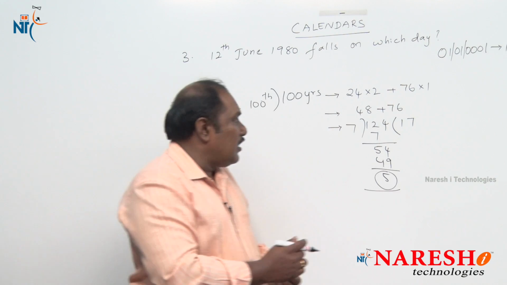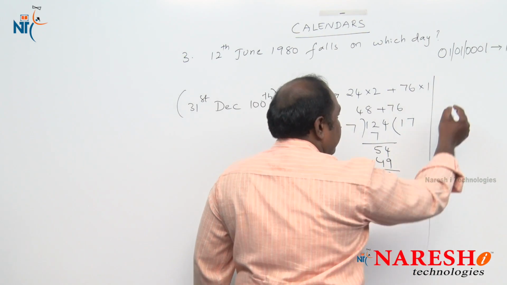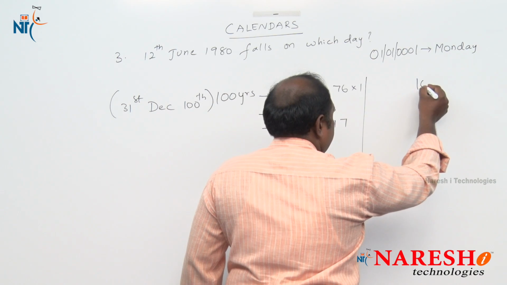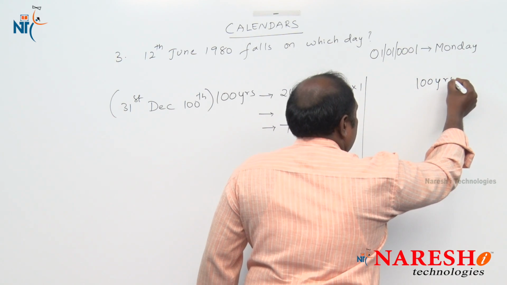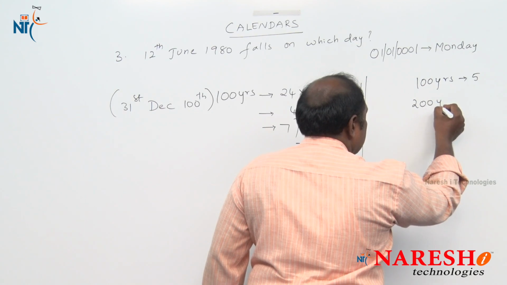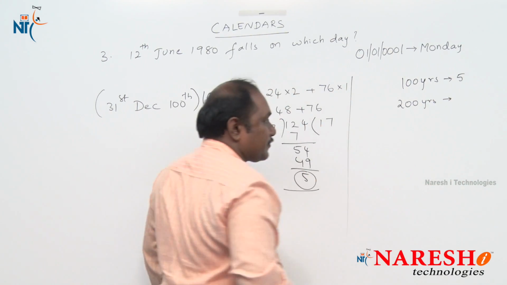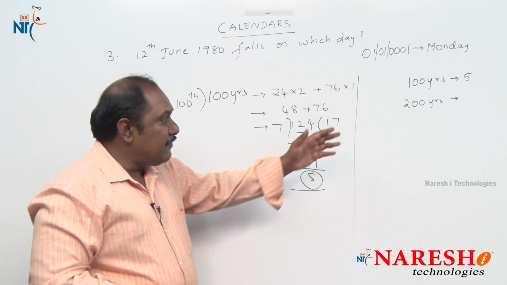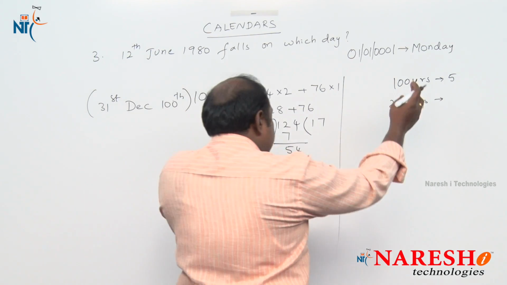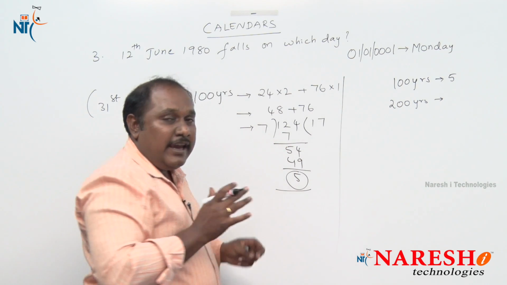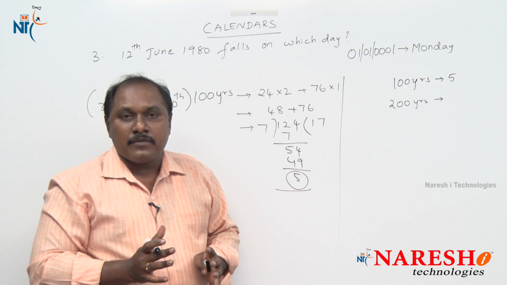Now we know that the first 100 years have 5 odd days. Then how many odd days do 200 years have? If 100 years have 5 odd days, definitely 200 years should have 5 plus 5, 10 odd days. But in those 10 days, again we can make a week.